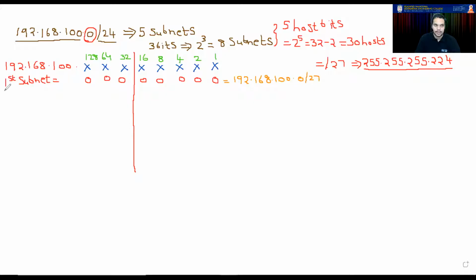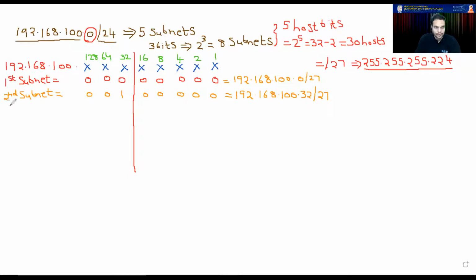This is my first subnet. Now for the second subnet, I place 0, 0, 1, and once again fill the rest with zeros. I will get 192.168, this is fixed, the first 3 octets are all fixed, dot how much? 32. So 192.168.100.32/27.